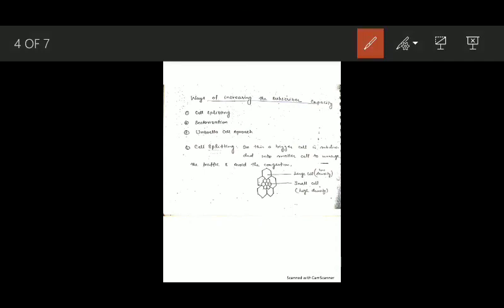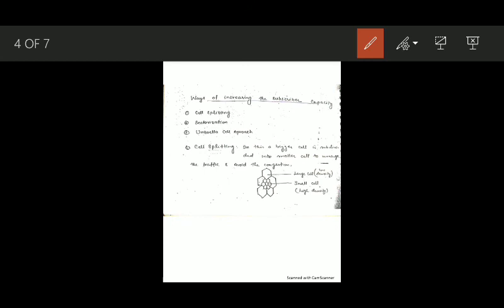Now we will study ways to increase the subscriber capacity. As I told you, the cell size depends on the density of the population. If the density is more, the cell size will be less. If the density is less, the cell size will be more.